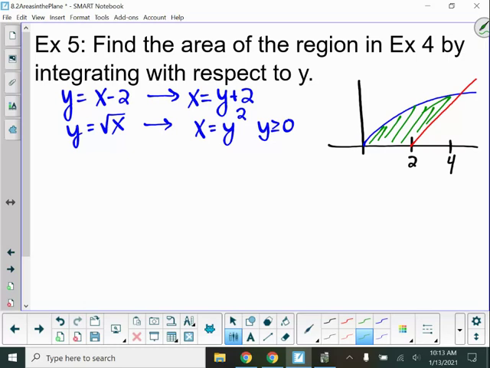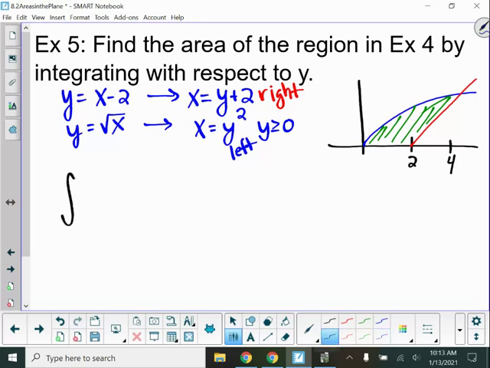You almost want to tilt your head sideways on this because you want to know which curve is always on the right and which curve is always on the left. The red curve, the linear function, is always going to be on the right, and then the blue curve, the parabola or the square root, is always going to be on the left. So it's right minus left instead of top minus bottom.